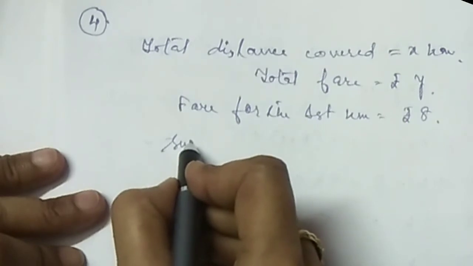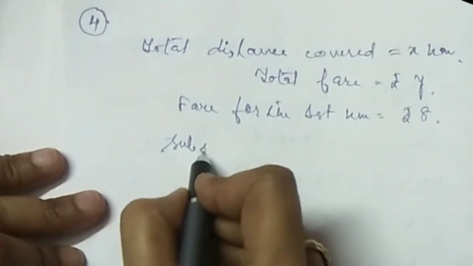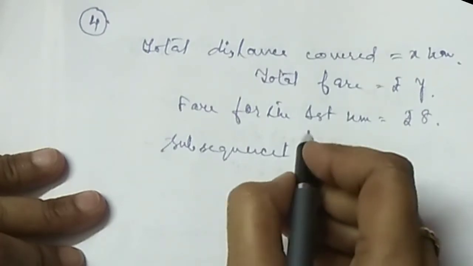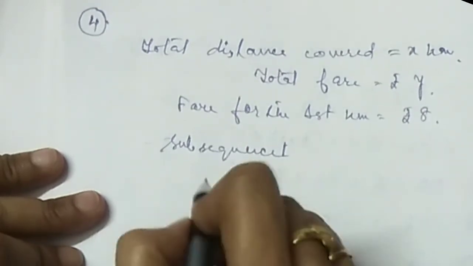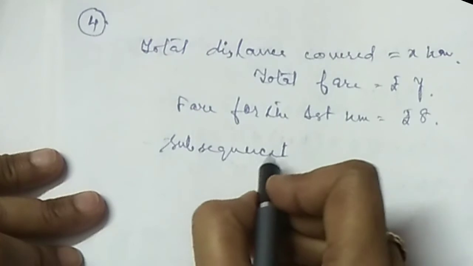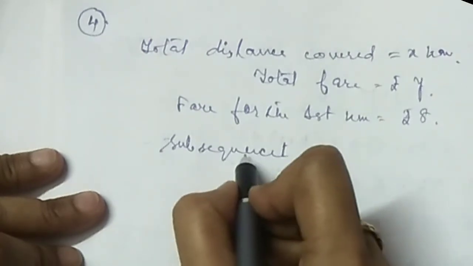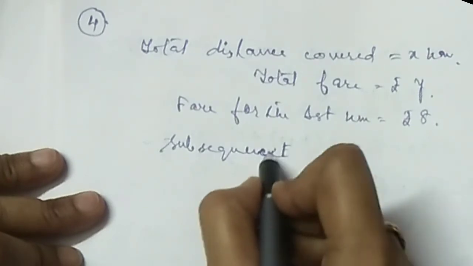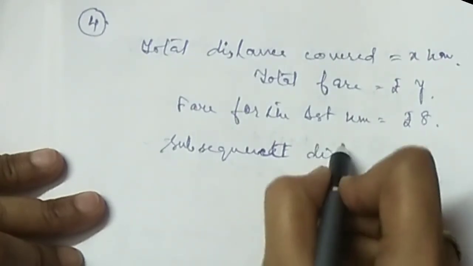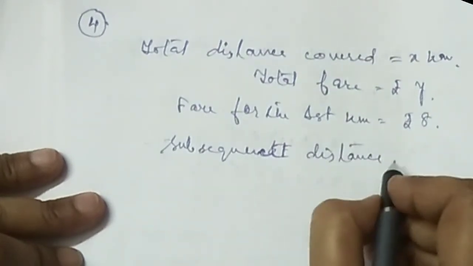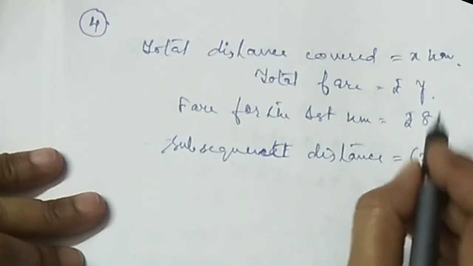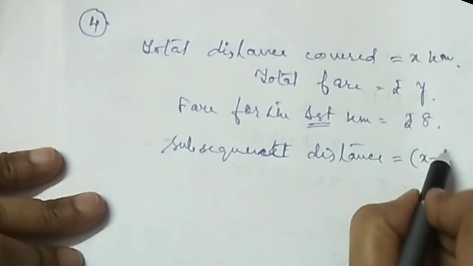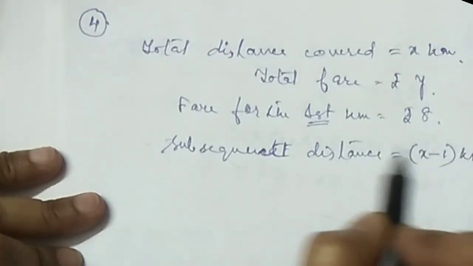Subsequent distance: already 1 kilometer has passed, so x minus 1 kilometer.